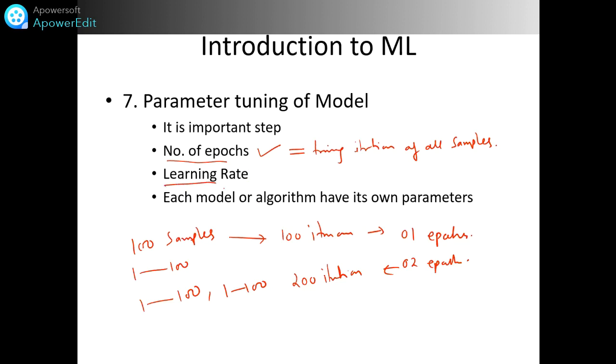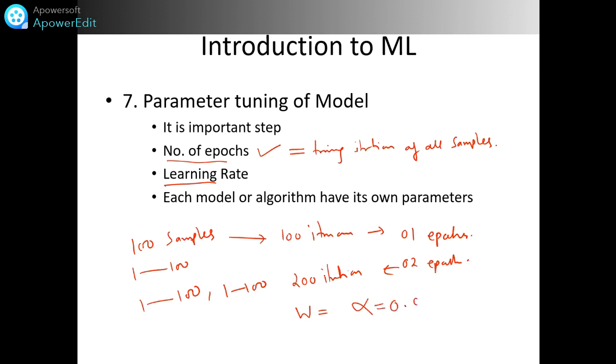Now what is this learning rate? In the updation of weight we have seen that we are giving some new value to W. This learning rate is generally denoted as alpha in many algorithms.